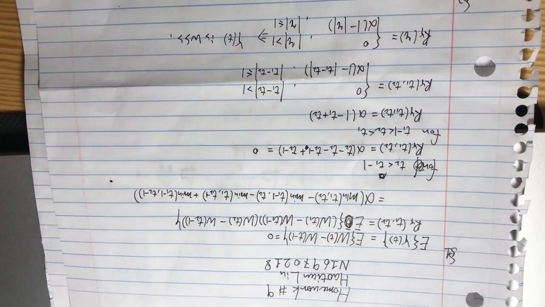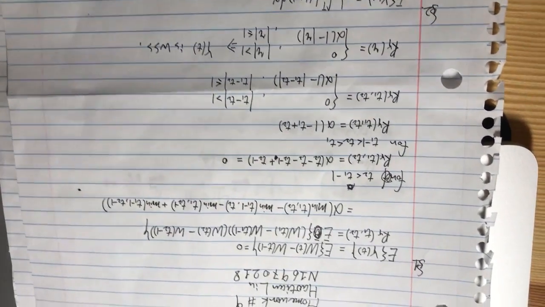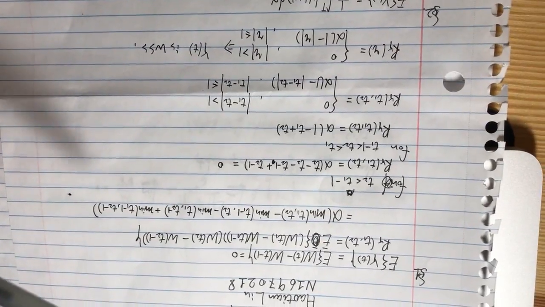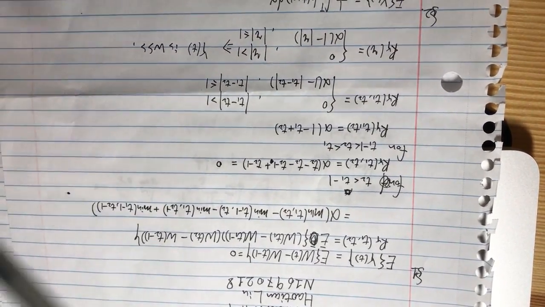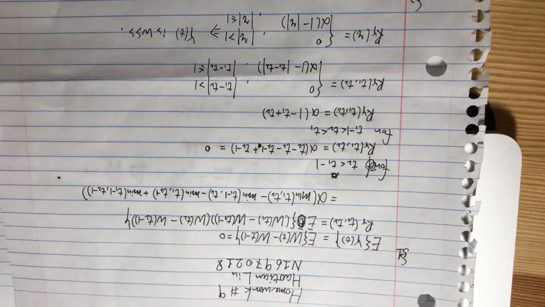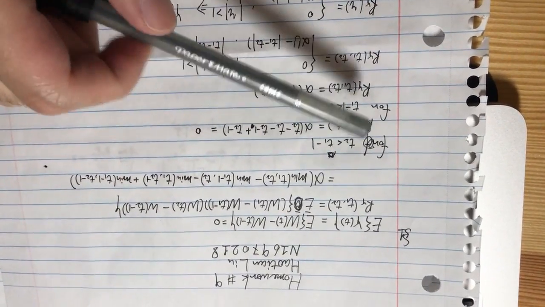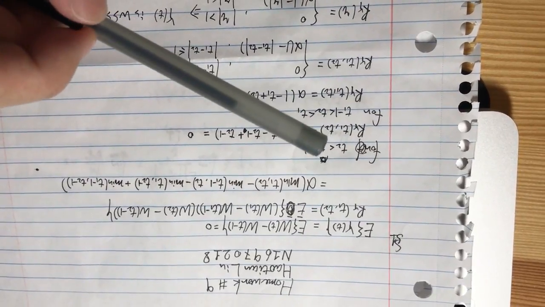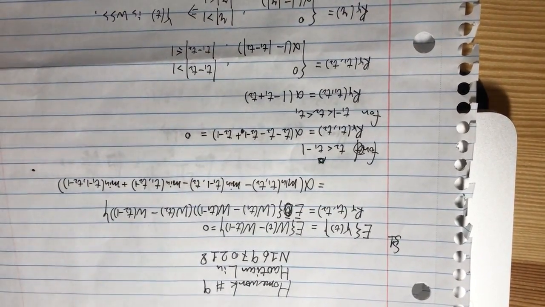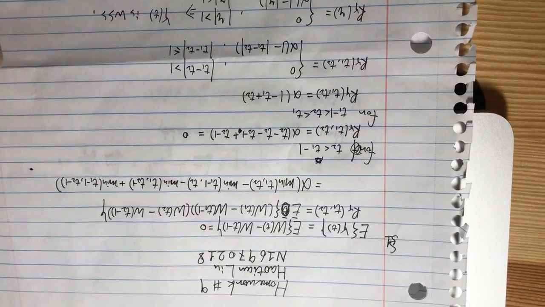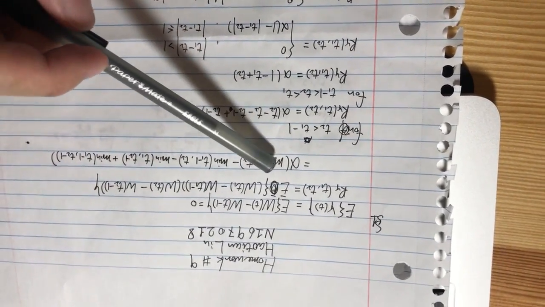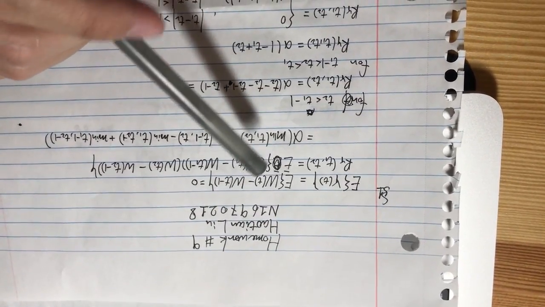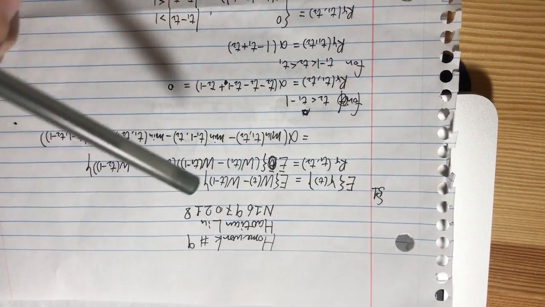EL6303 homework 9. For the first problem, first we need to get the mean of Y_t. We already know that Y_t is equal to W_t minus W_{t-1} for t more than or equal to 1, and we know that the mean of W_t is equal to 0.